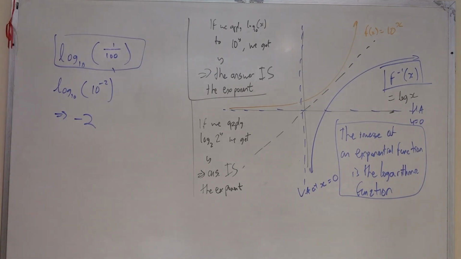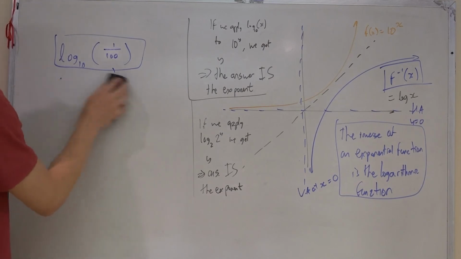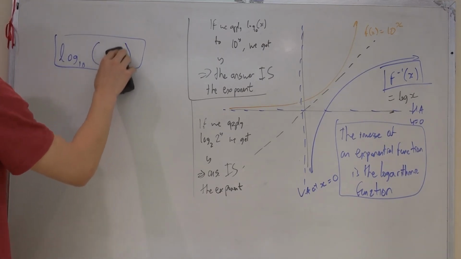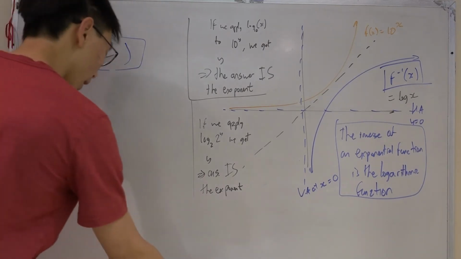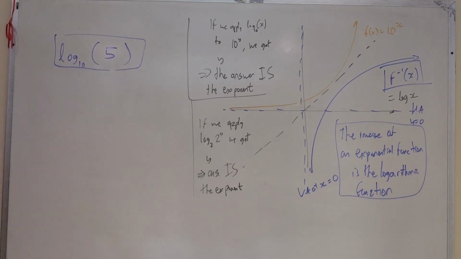Now I want to try a more hairy number. Let's say just 5. How are we going to do that?